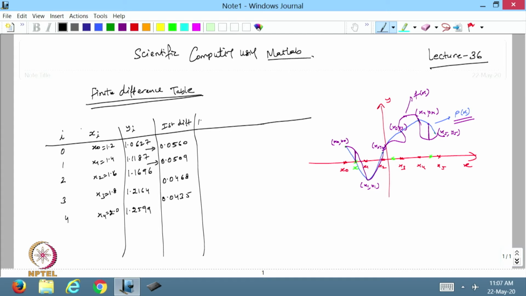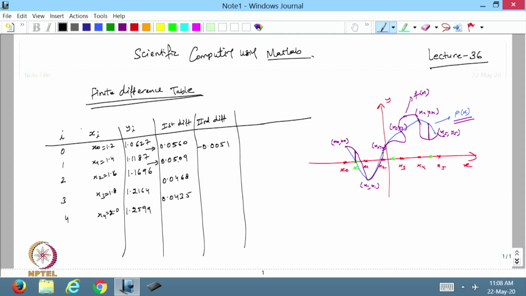Then I will write the second difference. You know that we started with the 5 values. The first difference will have only 4 values, and the second difference will be the difference of these values. So, this minus this will be the second difference, and if I take this value, it will be minus 0.0051.